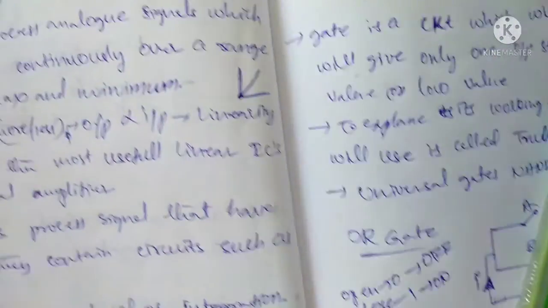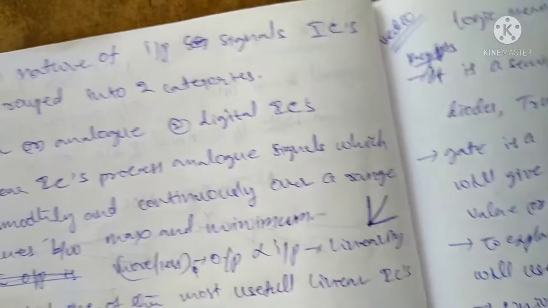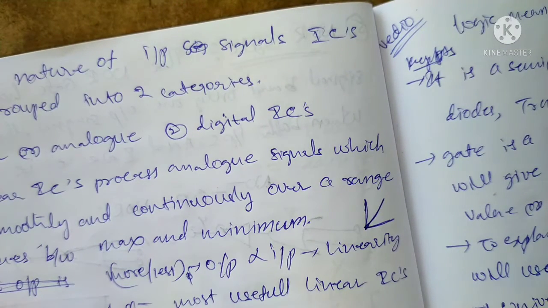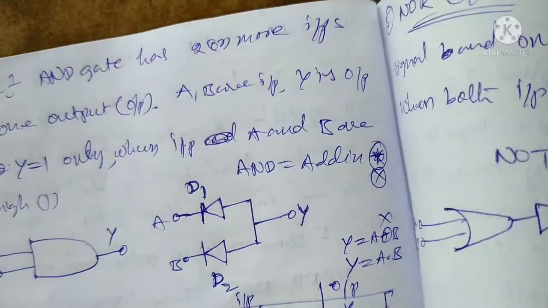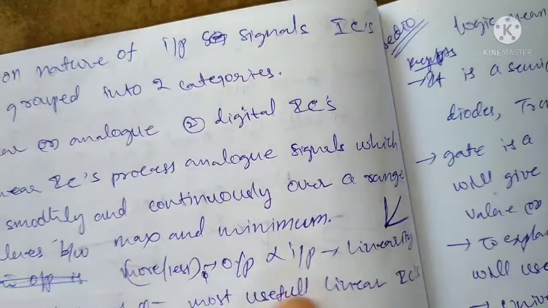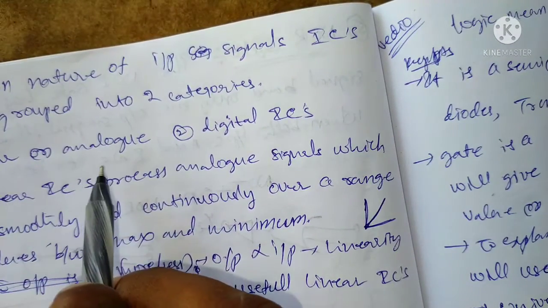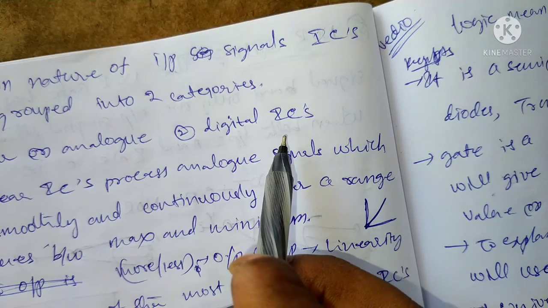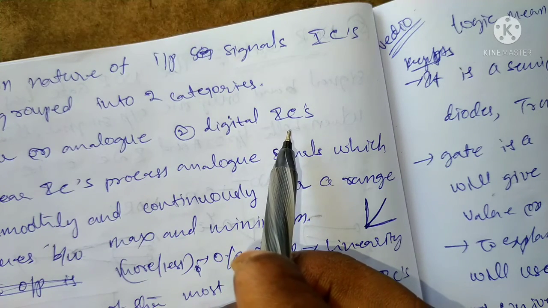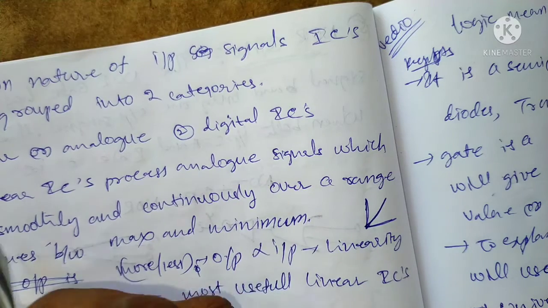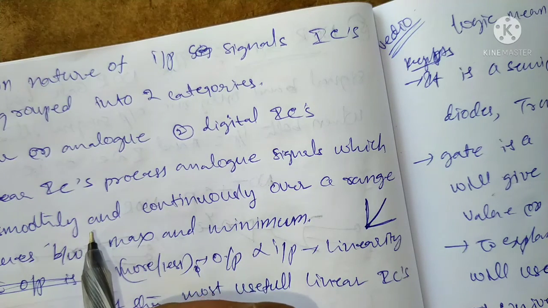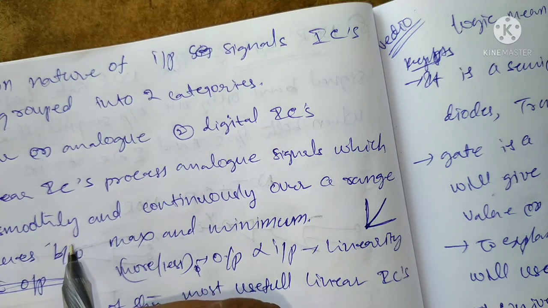Integrated circuits are of two types, depending on the nature of the input and output signals. That is linear, or analog, and digital integrated circuits, ICs. Linear ICs are nothing but signals that change smoothly.